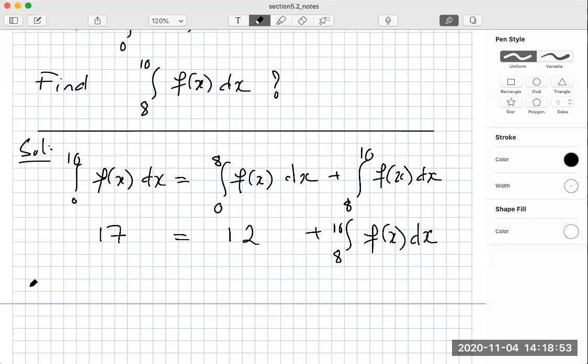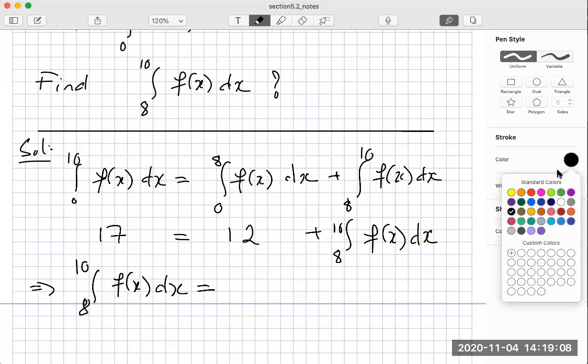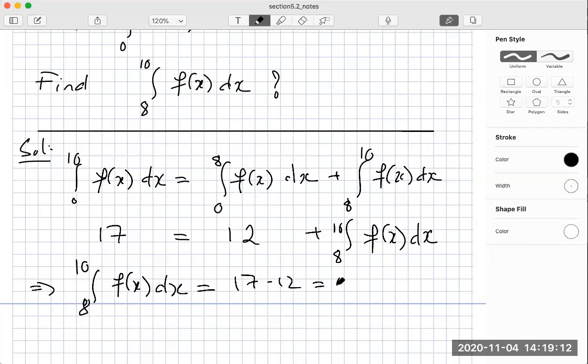From this, can we tell the integral from 8 to 10? What is it? Yeah, 17 minus 12, which is 5. Very good.